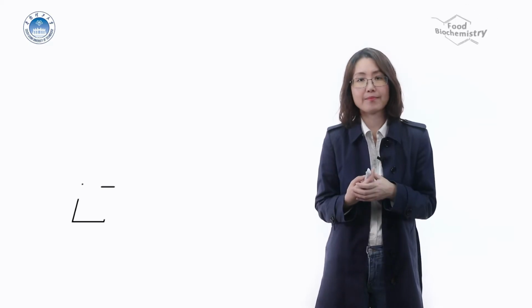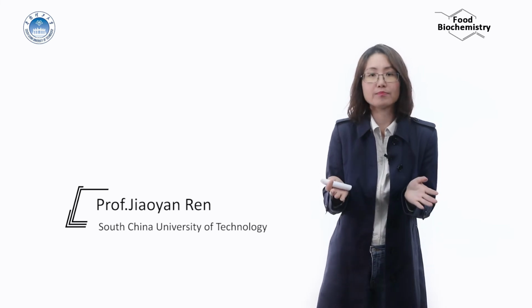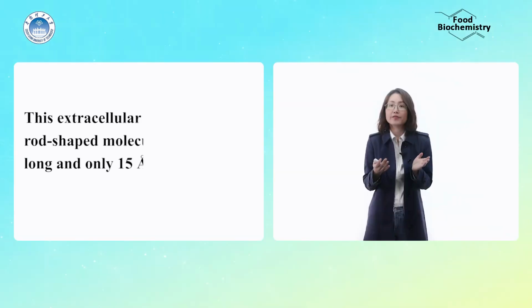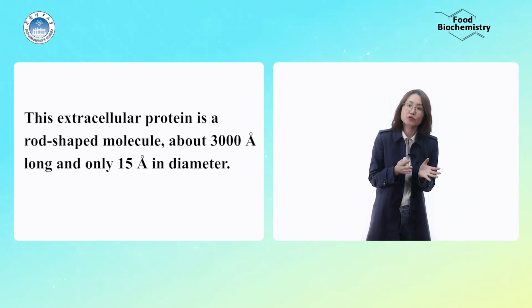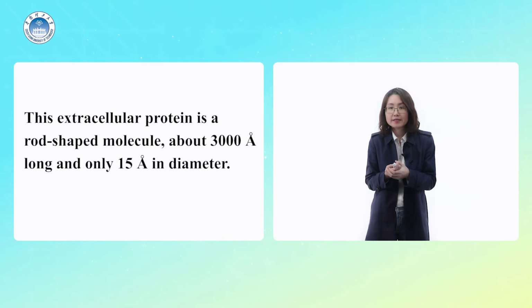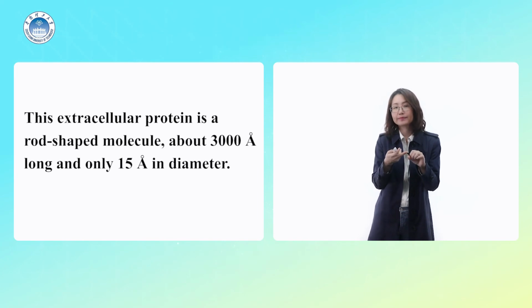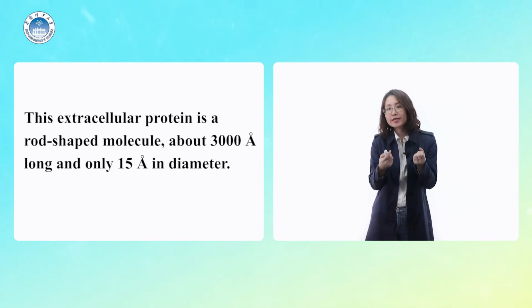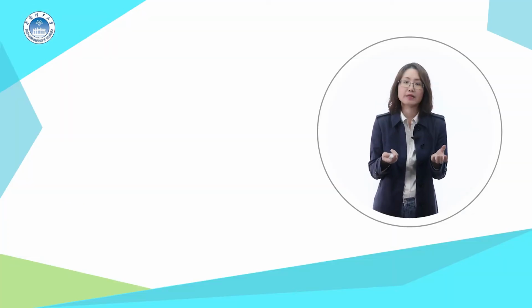A different type of helix is present in collagen, the most abundant protein of mammals. This extracellular protein is a rod-shaped molecule about 3,000 angstroms long and only 15 angstroms in diameter. It contains three helical polypeptide chains, each nearly 1,000 residues long.